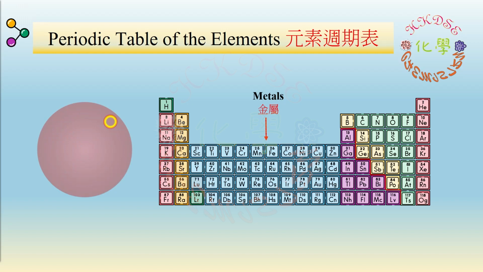Metal atoms tend to lose electrons and form positive ions known as cations. For example, group 1 and group 2 elements, which we call the alkali and alkaline earth metals, only have to lose 1 or 2 electrons to have a full outer shell, which doesn't require very much energy, so they easily lose those electrons to become 1+ ions and 2+ ions.